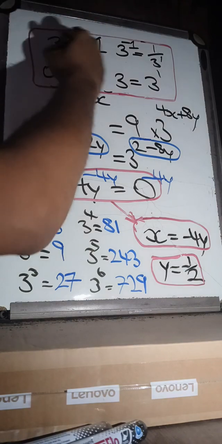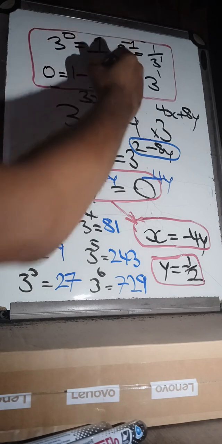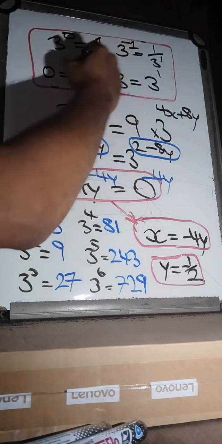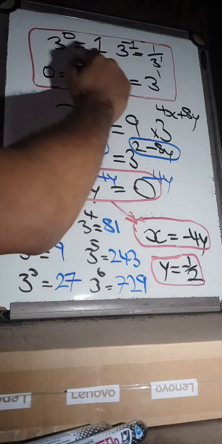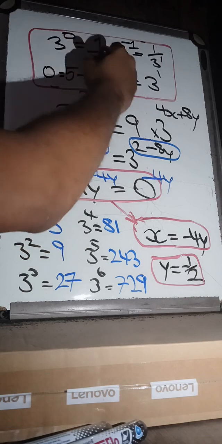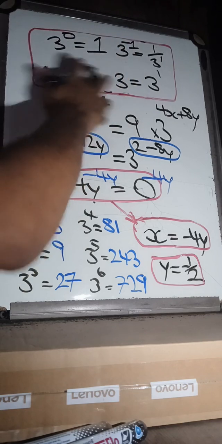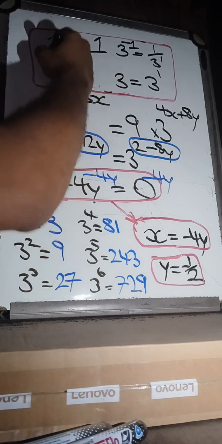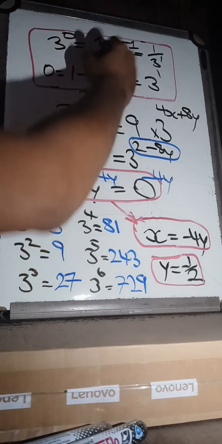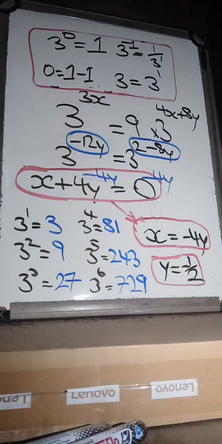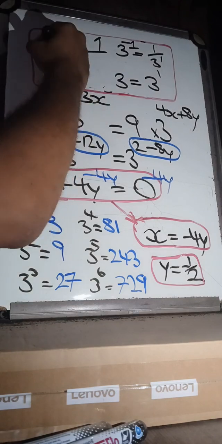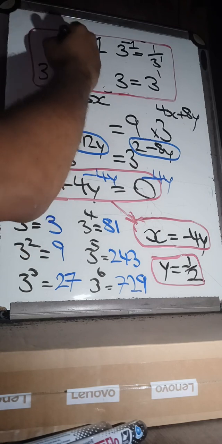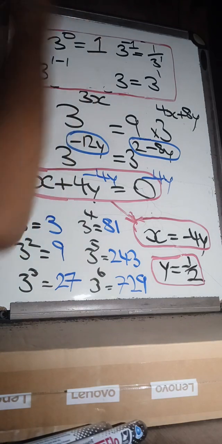0 can be replaced by what? 1 minus 1, 2 minus 2, etc., etc., right? 5 minus 5, whatever. But let's just focus on what we have here. The 0 equals 1 minus 1. It basically means that you can replace the 0 with 1 minus 1.